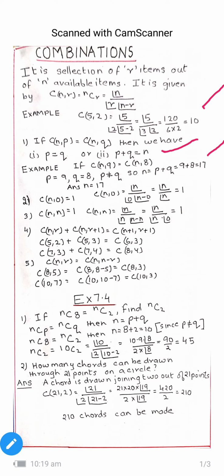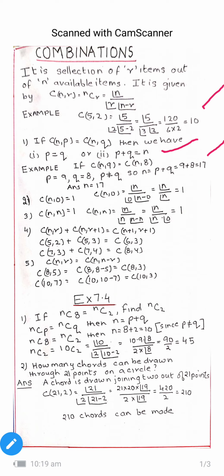What is nC0? This is always 1. 5C0 is 1. 6C0 is 1. 7C0 is 1. Any number nC0 is 1. You can see factorial n upon factorial 0, factorial (n minus 0).